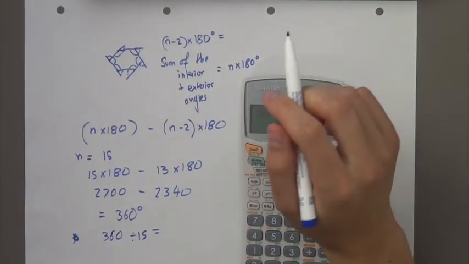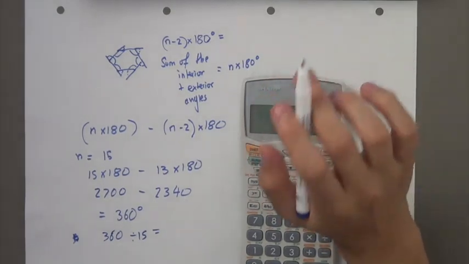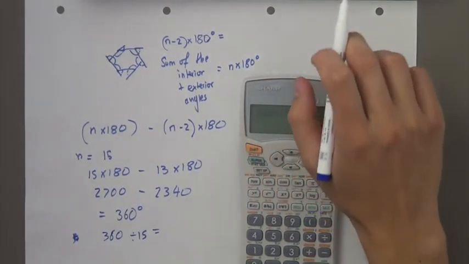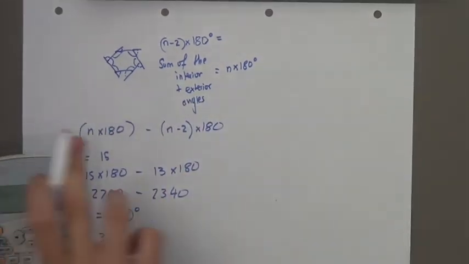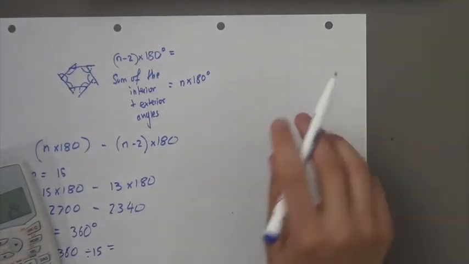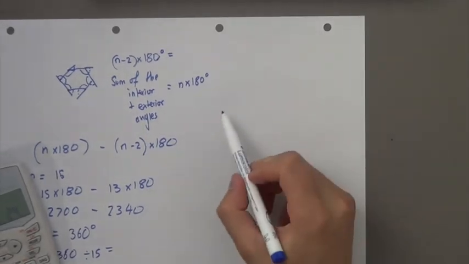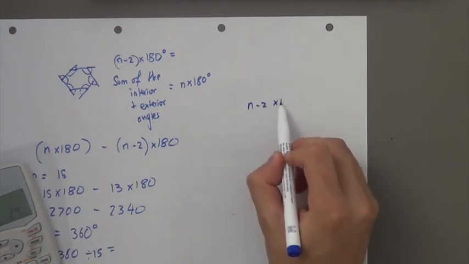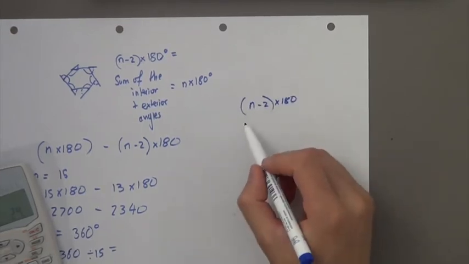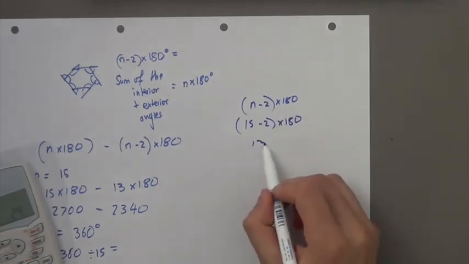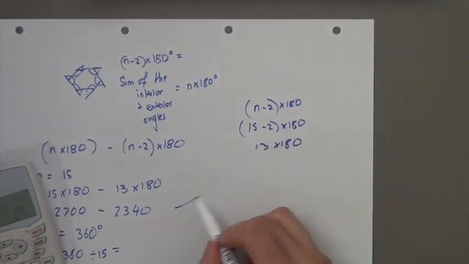Part C. If the polygon is regular, what is the size of each interior angle? If it's a regular polygon, meaning it's an equilateral one, again, we can just use this sum, (n minus 2) times 180. It's 15 minus 2 times 180, that was 13 times 180, and we've already got that answer.